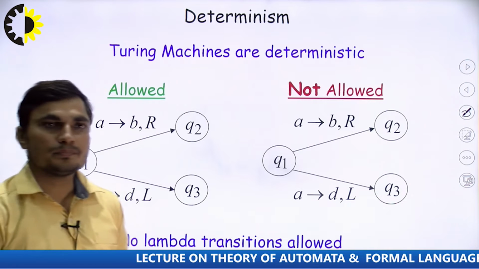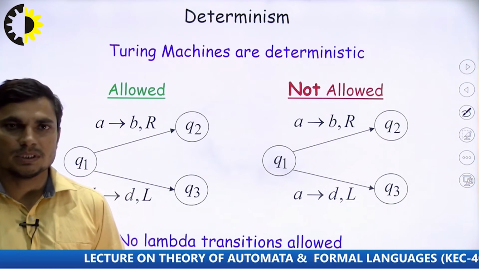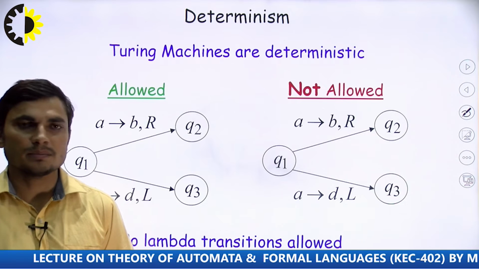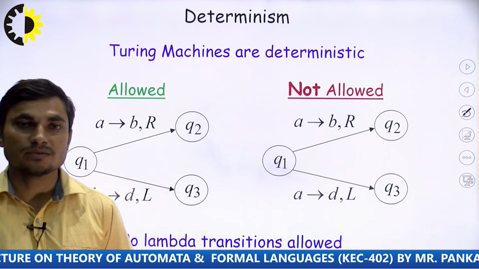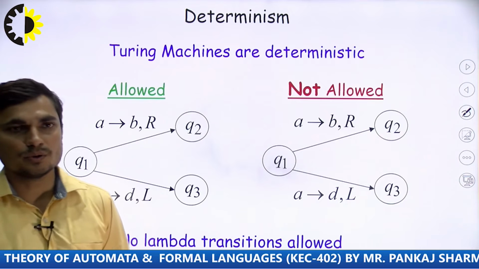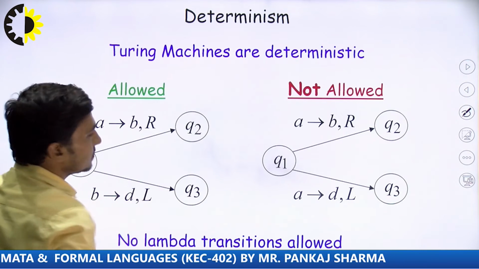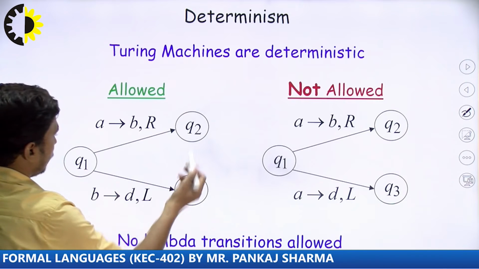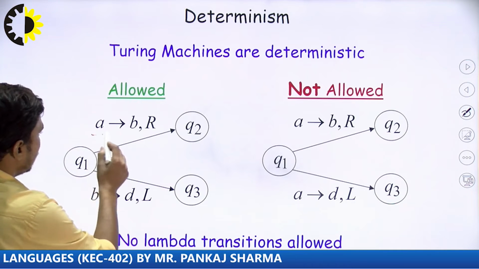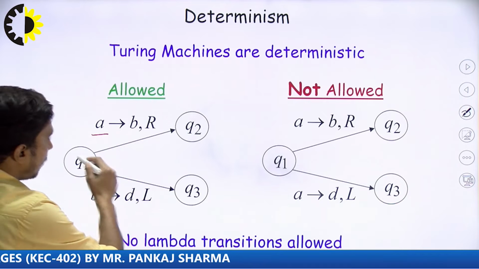The Turing machines are deterministic in nature. So, no non-determinism is allowed in a Turing machine unless we are using a certain variant of a Turing machine. If we talk about this determinism, the allowed transitions are in this form. For an input symbol we have only one transition.